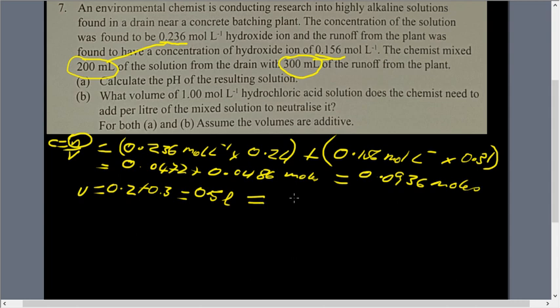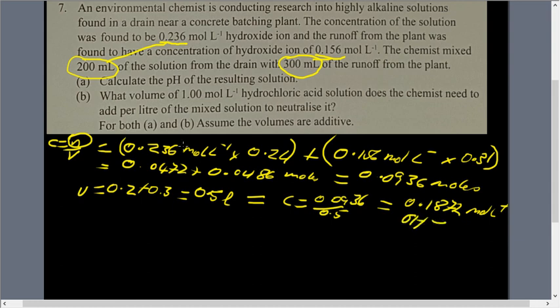So therefore C is equal to 0.0936 on 0.5, and that comes out to a value of 0.1872 mole per litre of this hydroxide ion.